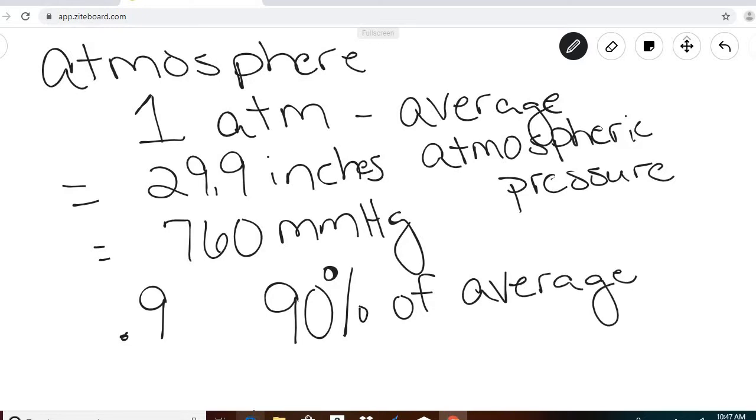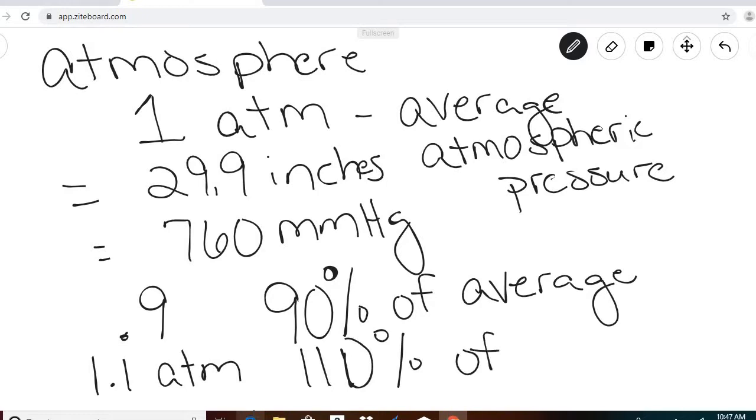On the other hand, we might say that the atmospheric pressure is 1.1 atmospheres, and that would mean it is 110% of the average. In other words, it's 10% higher than an average atmospheric pressure.